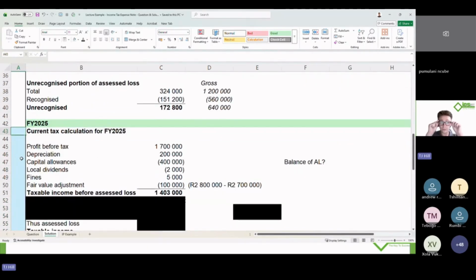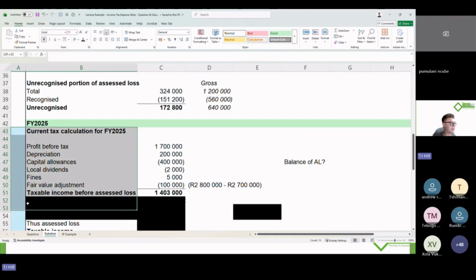Remember I said to you in the previous lecture, you must put on your tax hat. What is the tax framework in tax? You must start with profit before tax and make your debit and credit adjustments to get to your taxable income. This is not accounting, you see.